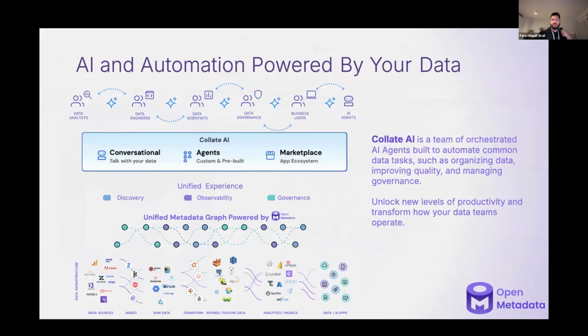So if we have been able to build this experience for people, this means that we should also be able to bring all of this context for AI tooling as well.